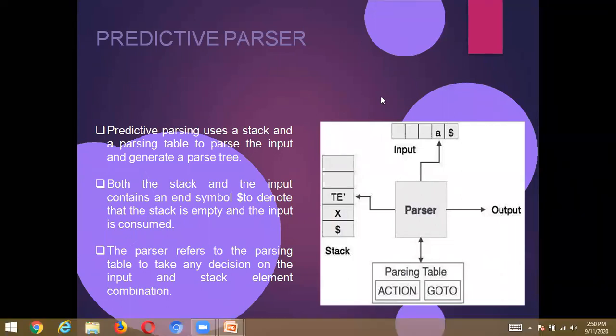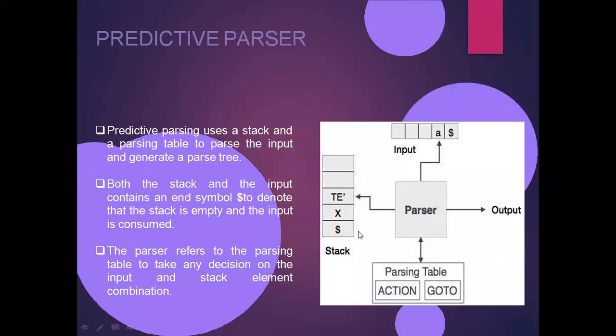Both the stack and the input contain a dollar marker, and at the input buffer, its meaning is the end of the input. Initially the stack is empty, containing only the dollar marker, and then we can call it an empty stack.